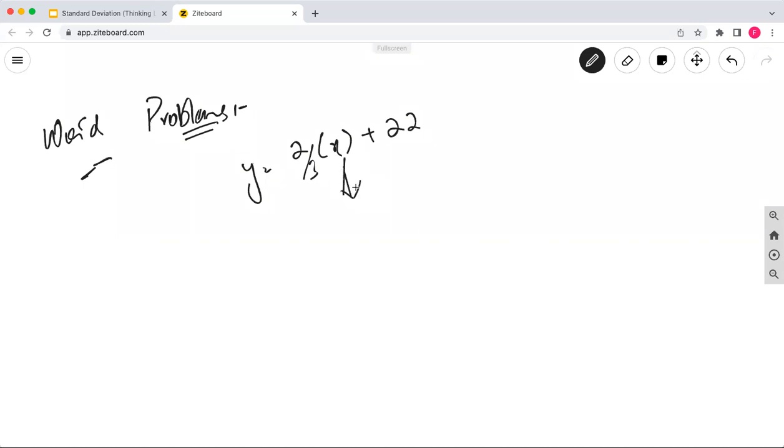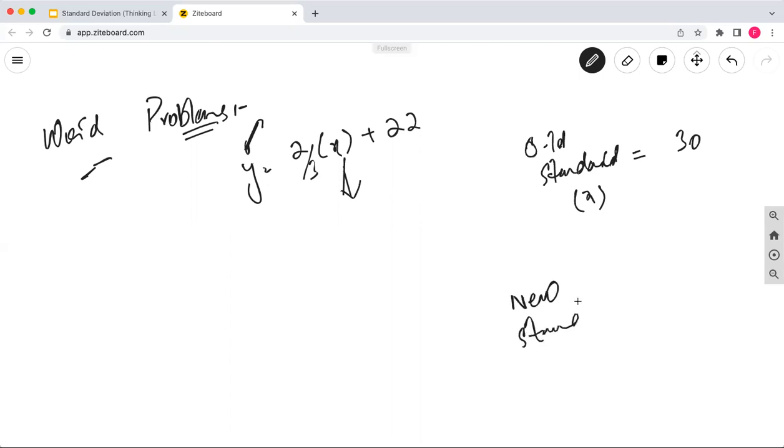But the teacher wants to adjust their score using this formula, and we are asked, if we know the old standard deviation x, what will be the new standard deviation of y? If I say the old standard deviation for x is, for example, 30, what will be the new standard deviation of the whole class? How can you find this? What will be that value?